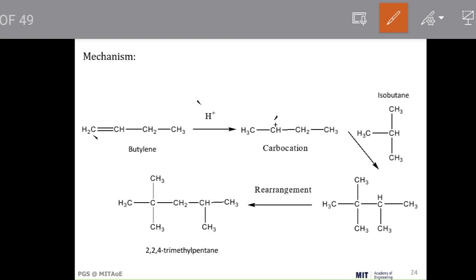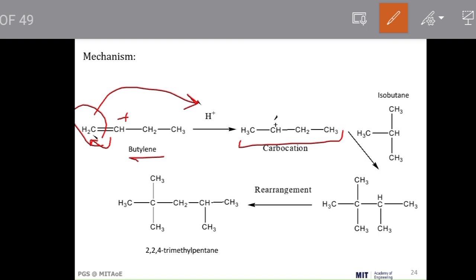In butylene, which is the substrate, the double bond will be broken and these electrons will be transferred to the terminal carbon atom. That negative charge will attract the H plus ions from the catalyst, and CH3 will be formed here. Because of the shifting of electrons, the second carbon will get a positive charge, so a carbocation will be formed.